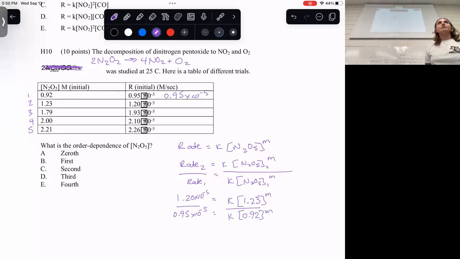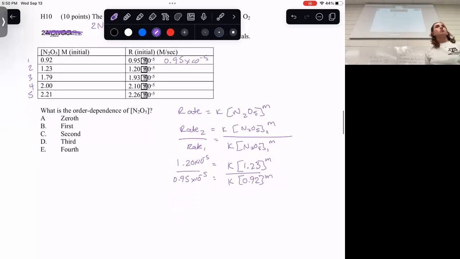So when we divide these two, what can we cancel out? We can cancel out the K's. We cannot cancel out the M's. But we can combine 1.23 and 0.92 into one fraction because they're under the same exponent.